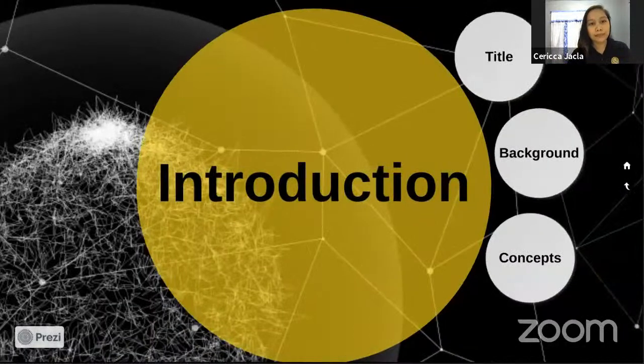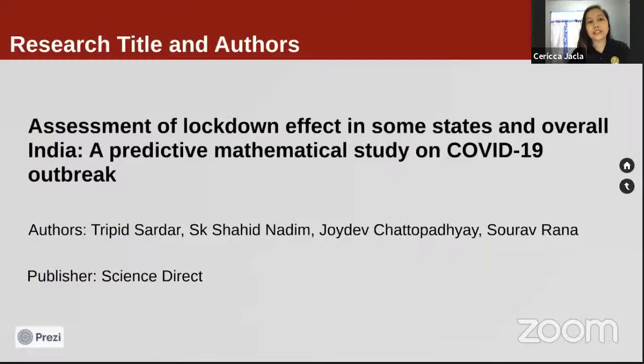So for the introduction, the whole title of this research paper is Assessment of Lockdown Effect in Some States and Overall India, a predictive mathematical study on COVID-19 outbreak. So my presentation will revolve around the effect of lockdown specifically in India.